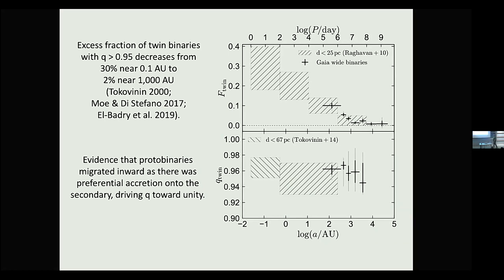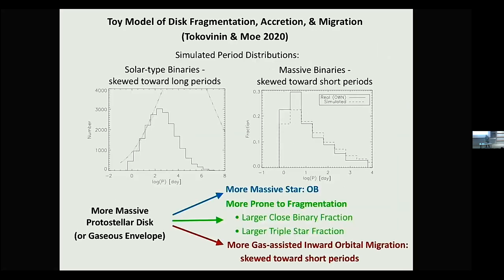So the higher excess twin fraction at shorter periods is telling us that, again, ȧ is negative: you have binary migration inward. And finally, this is just a toy model I discussed last week on disk fragmentation, or gas fragmentation, and the migration of binaries in a disk.